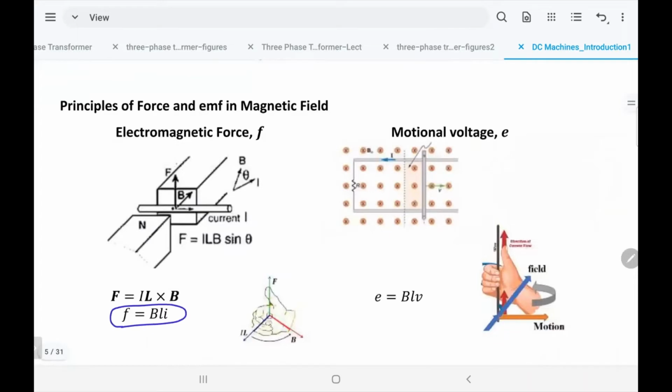Then the second thing, producing induced EMF, we call it motional voltage, caused by motion. And it's moving now.